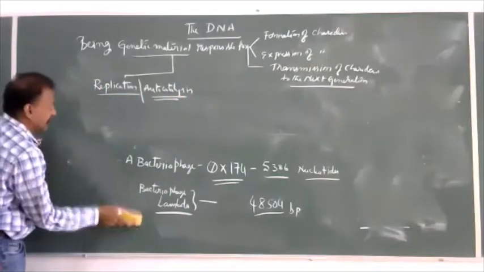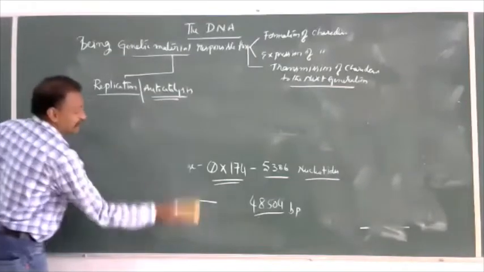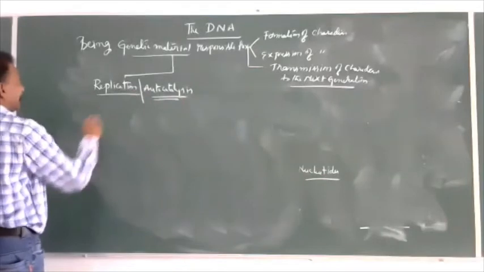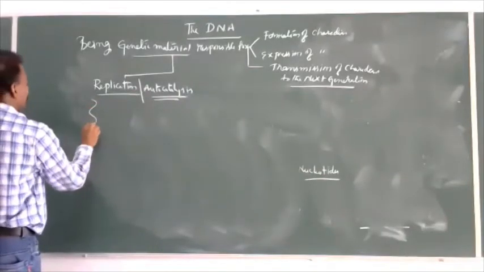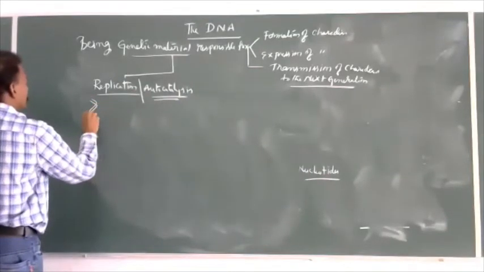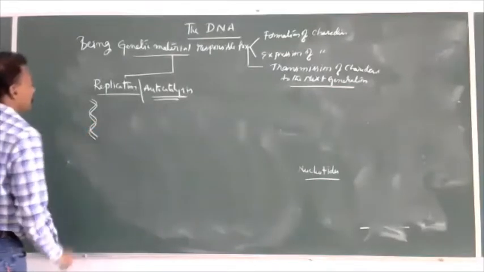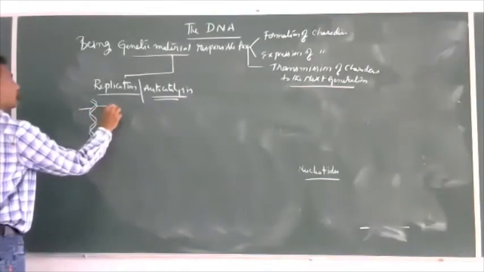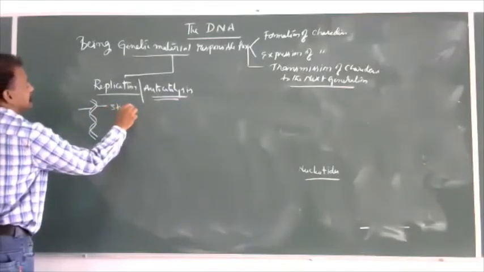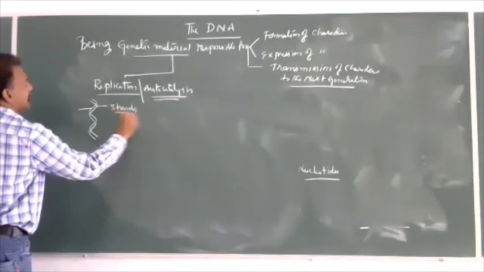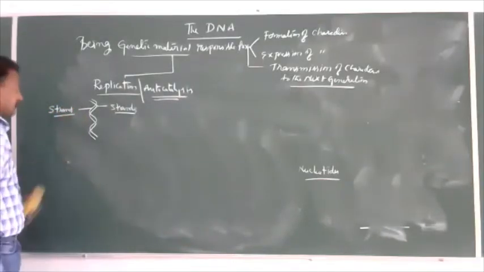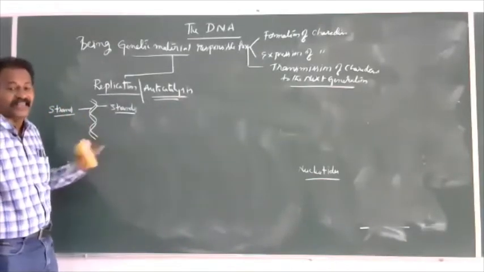Replication, as we have seen in our earlier classes, is nothing but one DNA molecule which has a structure of two polynucleotide chains or two strands. Strand, S-T-R-A-N-D, double stranded, double helix.